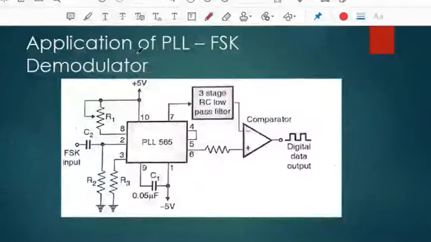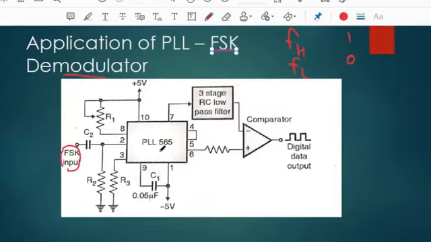Let us see an application of PLL, the FSK demodulator. FSK stands for frequency shift keying, whose frequency is shifted to either FH or FL depending upon whether a binary 1 or 0 is to be transmitted. The capacitor C2 is used to block the DC level present in the input signal.